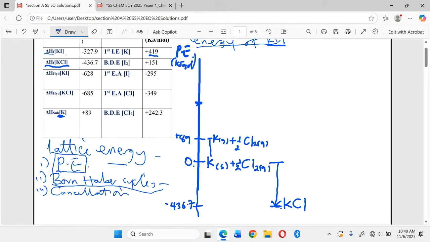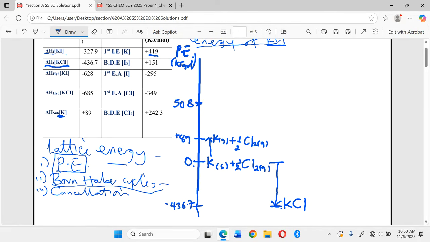Ionization energy is the amount of energy required to remove 1 electron from a gaseous atom. When we get 419 plus 89, get your calculator, you'll see that we get 508.